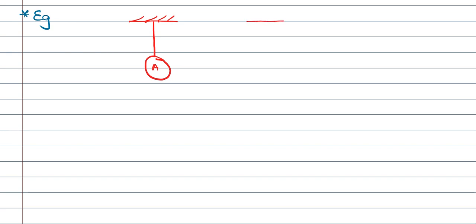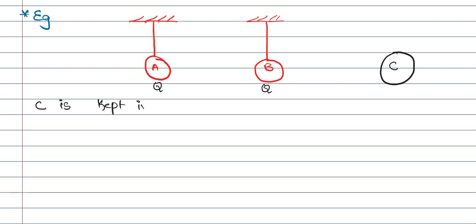This is sphere A and this is sphere B. Both initially have the same amount of charge, Q and Q. And we have one uncharged sphere C. C is kept in contact with A. Then what will be the final charge on A as well as C?